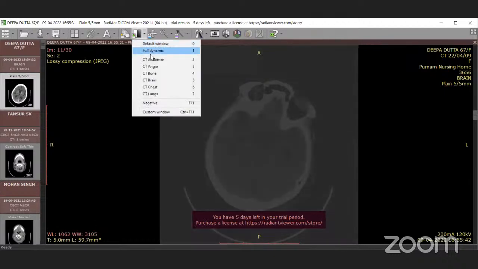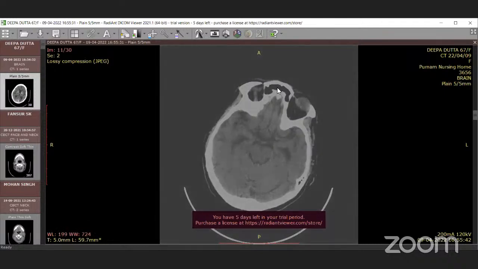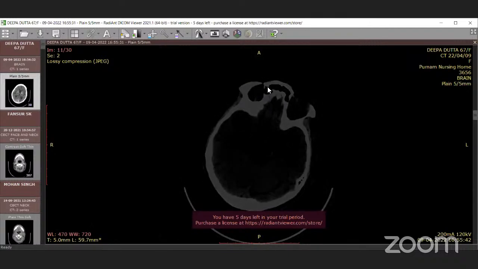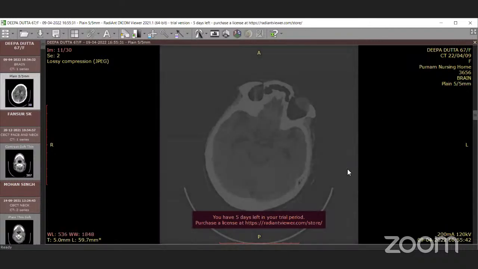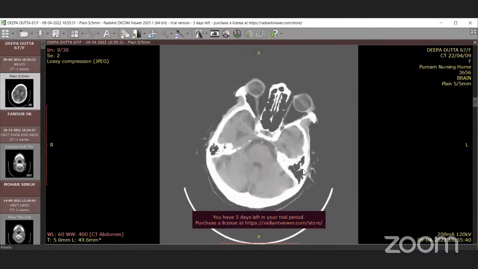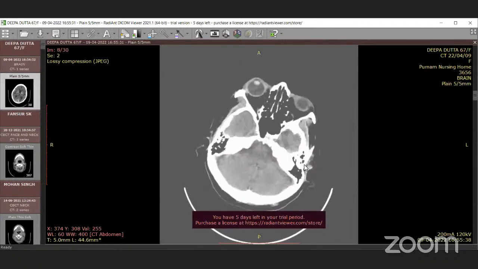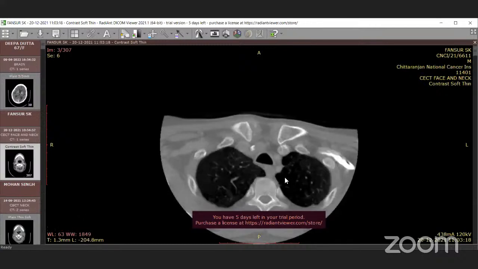Give me a minute, please. It is not showing. Okay, forget about it. So what was your question? Greater wing of sphenoid, right, sir? Greater sphenoid and petrous part of temporal bone. Let me see if I can take it. Yes, this data set is better.